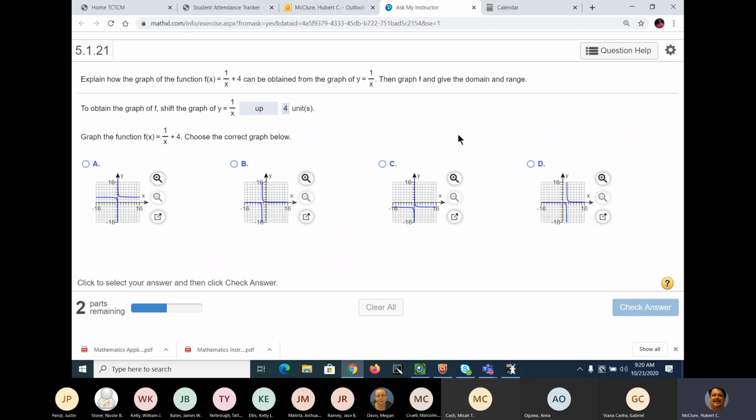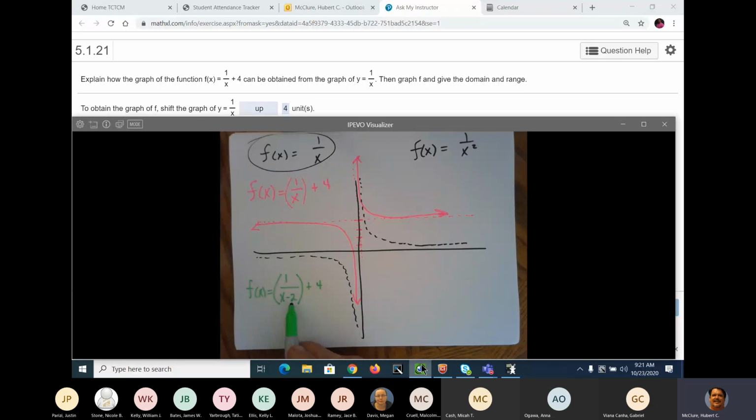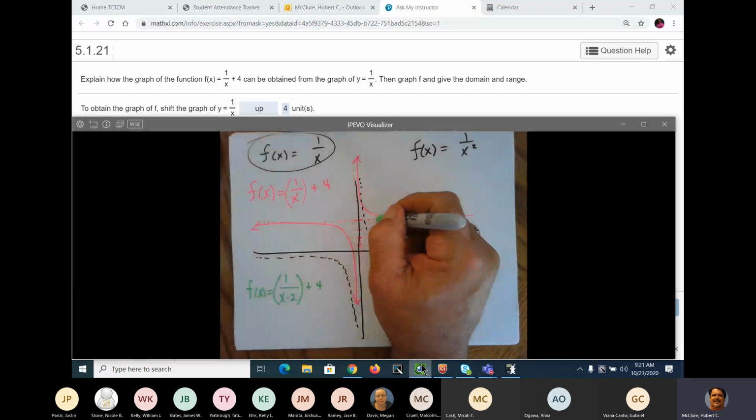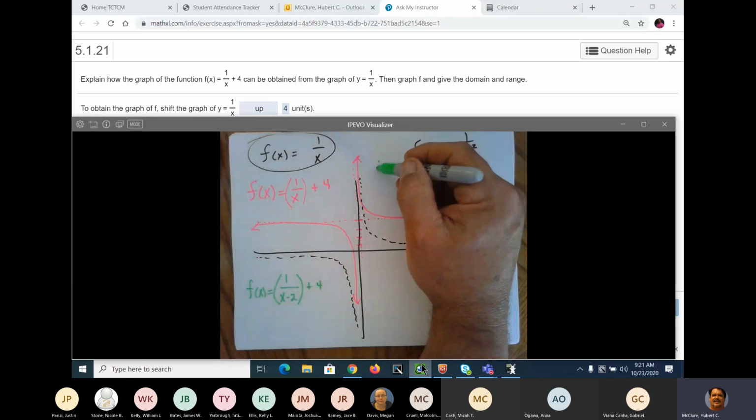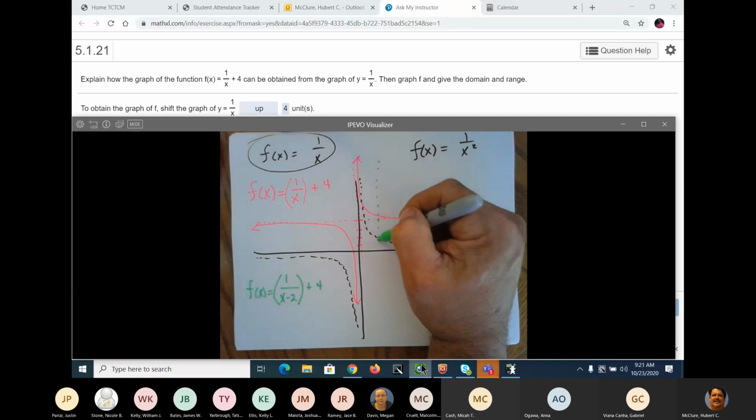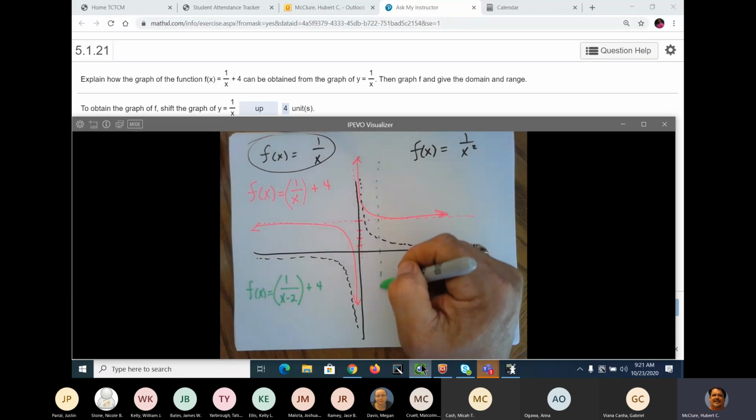If you had f of x is equal to 1 over x minus 2 plus 4, see, the 2 is connected to the x, so therefore now you've got a horizontal shift of 2 to the right. 1, 2, and now your vertical asymptote is right there, and now you've got that function.